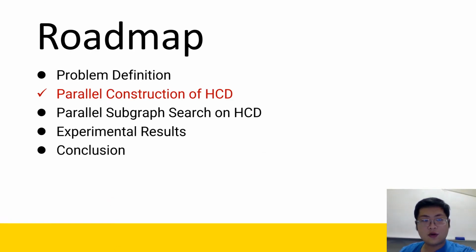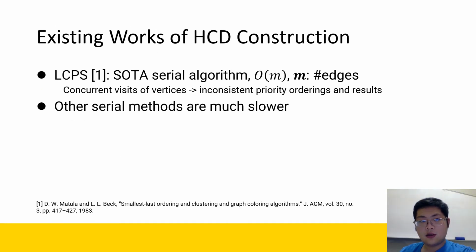Next, I will talk about the parallel construction of HCD. So here is the existing work. LCPS is the state-of-the-art serial algorithm, and it runs in O(m) time, where m is the number of edges. We found that in this algorithm, concurrent visits of vertices will lead to inconsistent priority ordering and results, so it cannot be parallelized.